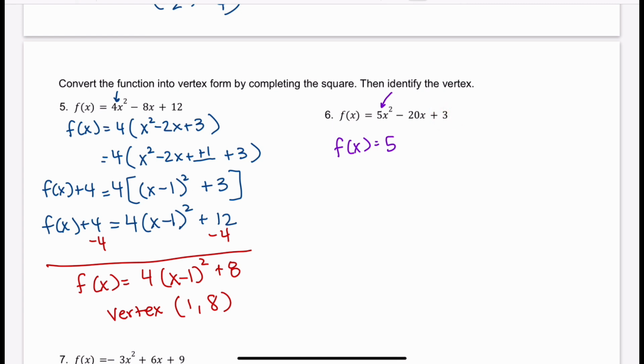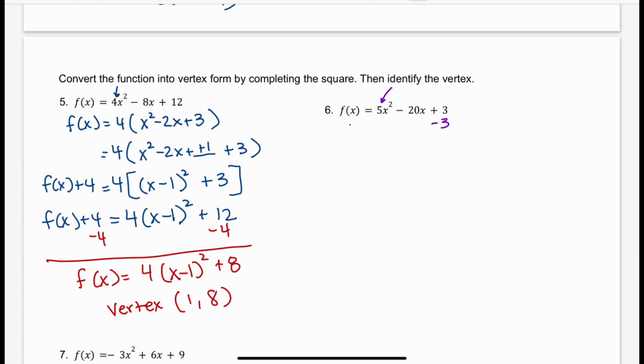So before I do anything else, I'm going to subtract the 3 from both sides. And then it will be easy to just pull a 5 out of this other part. So I'll have x squared minus 4x, and then I'm going to add a number in so that I can complete the square.